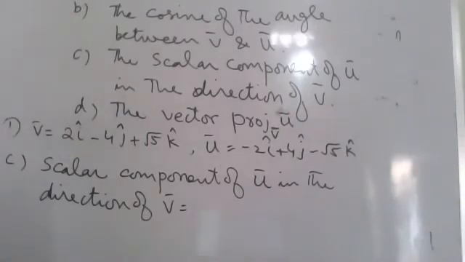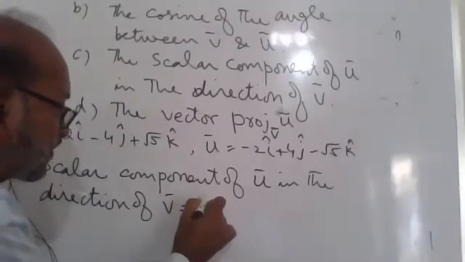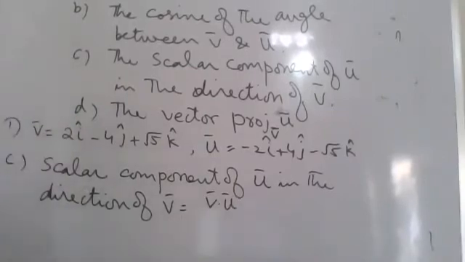The scalar component of U in the direction of V will be equal to U dot V or V dot U. This is the same thing; last time I also told you we can multiply U dot V or V dot U, it is the same thing.